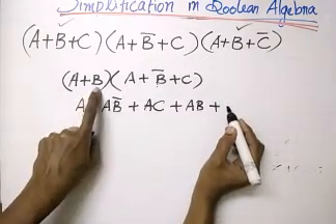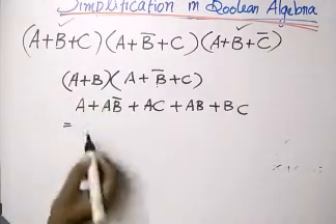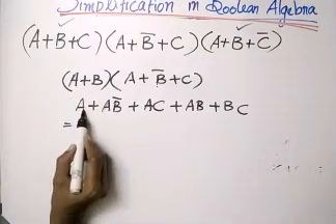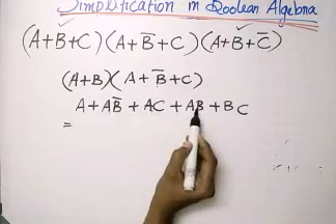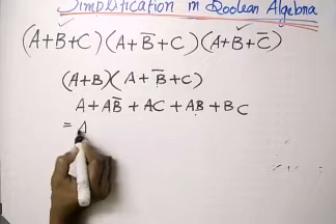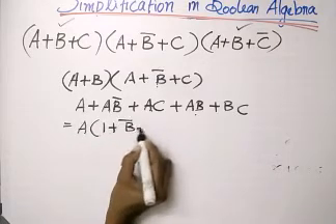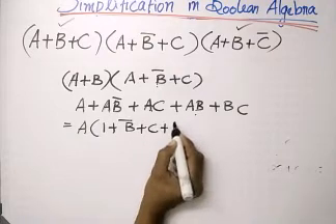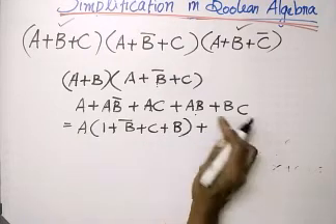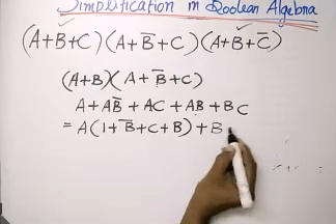Then B into C, BC. Here you can see that in all these terms A is common, so I am taking A outside. A into 1 or B bar or C or B. Here there is no A, so I could not write BC inside the bracket.